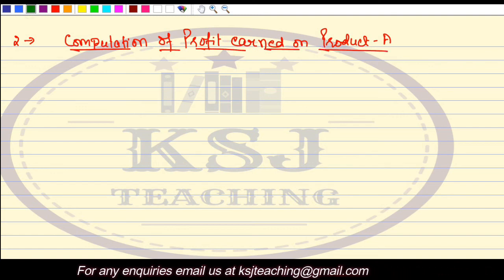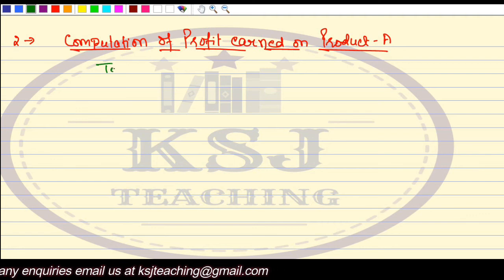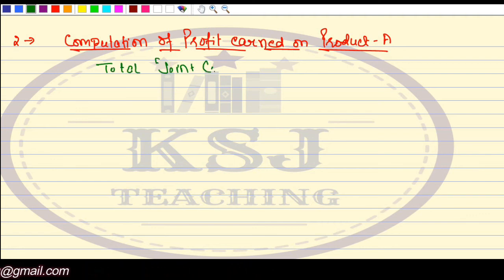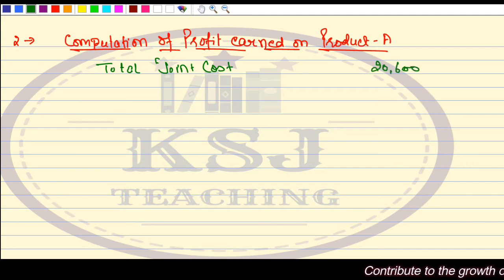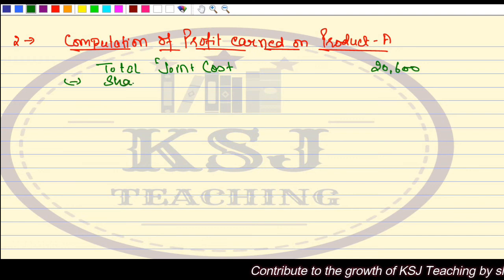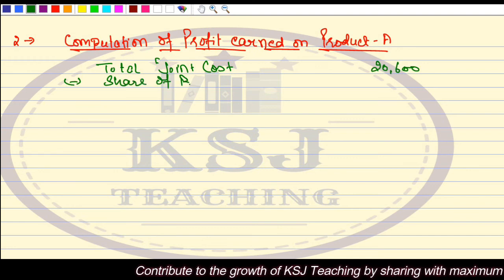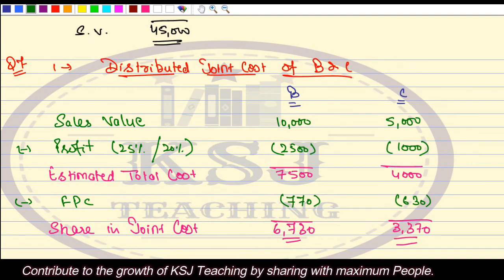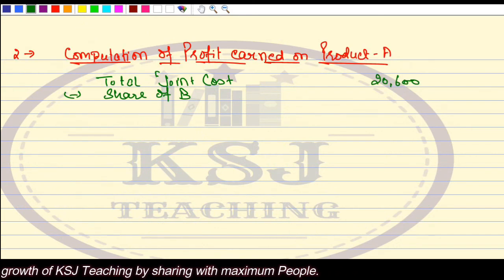Let's start. So first thing, what is the total joint cost? Total joint cost, that is 20,600. Subtract share of B, that is just calculated, that is 6,730.